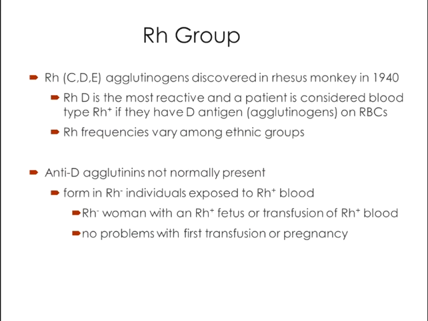The exception to that is the A antibodies and B antibodies that are associated with the blood types. That's just a different mechanism. So the anti-D antibodies don't normally get created until someone that's Rh negative is exposed to Rh positive blood. Typically, because this happens in association with a fetus, there's no problem with the first transfusion or pregnancy, but now that they've been sensitized, they're going to have a problem.